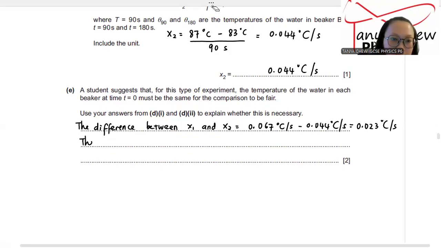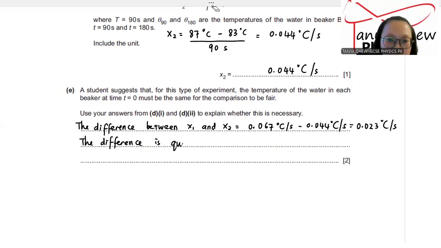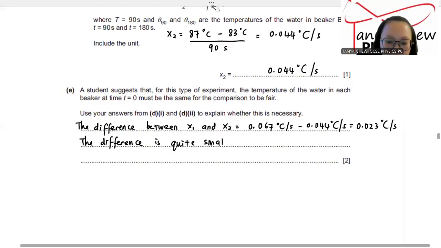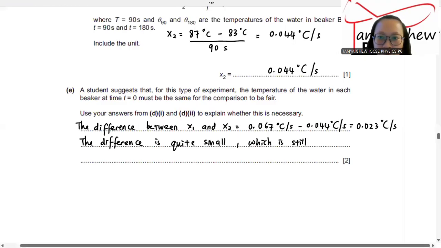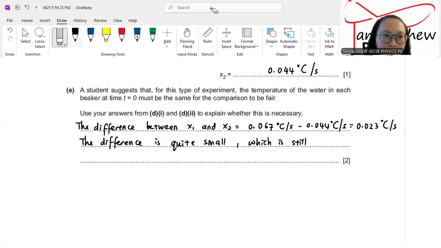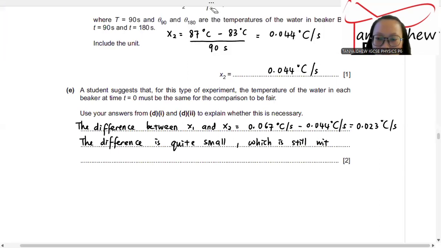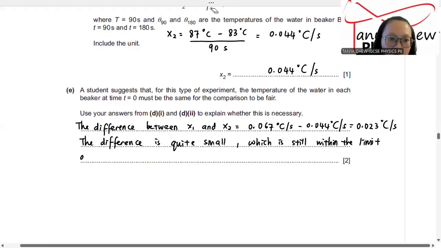Yeah, the difference is quite small, which is still within, they put here, within the limit of experimental accuracy.